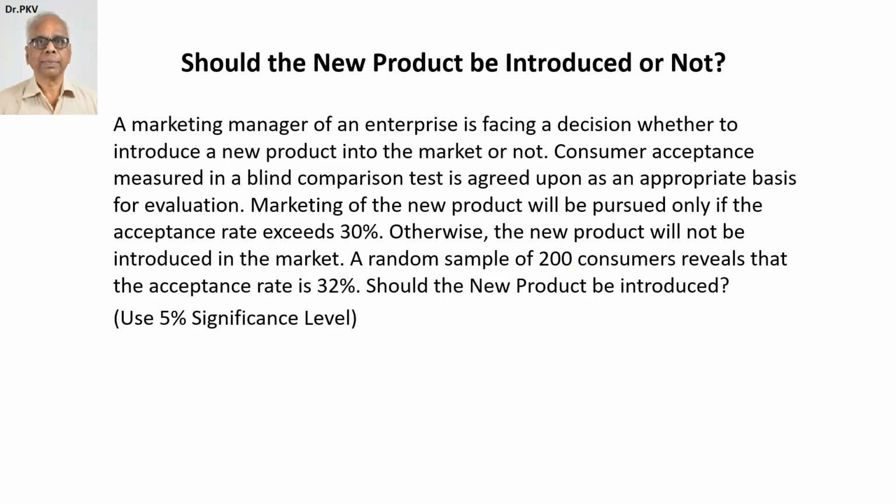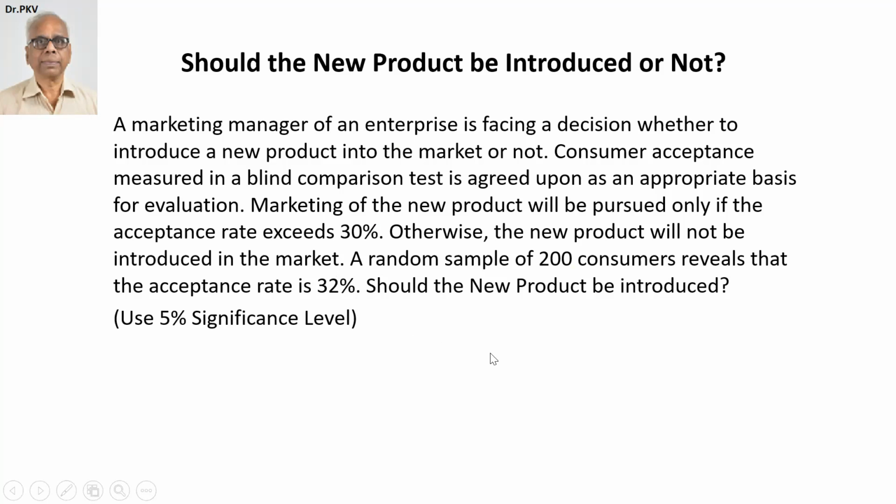If you look at the problem, what the problem wants is 30% acceptance rate in the market as a whole, or population acceptance rate as 30%. We have a sample acceptance rate based on a sample of size 200 as 32%.